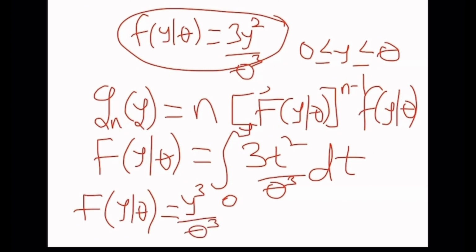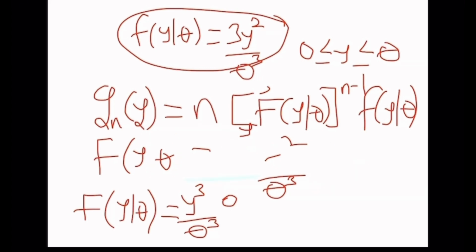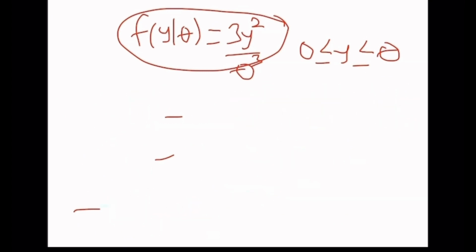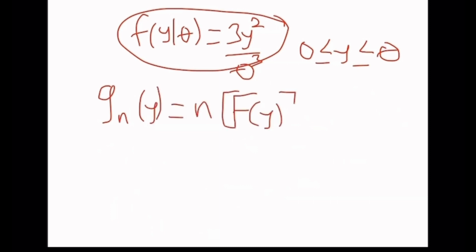Now if that is what you have, then all I'm going to do is start plugging in. I said g of n of y equals n, F of y raised to power n minus 1, times f of y.